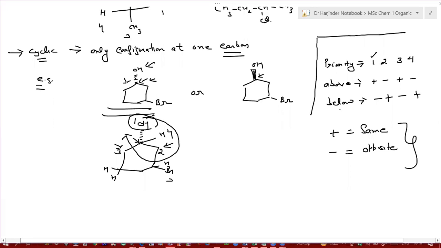That means we have to look over here, and corresponding to 1 below the plane, the sign is minus. That means you have to write the same or opposite? Opposite. So the configuration of this carbon will be R or S? S. Because it is clockwise and you have to write the opposite, so it will be S. And what will be here?